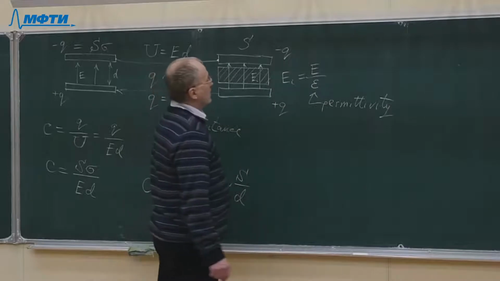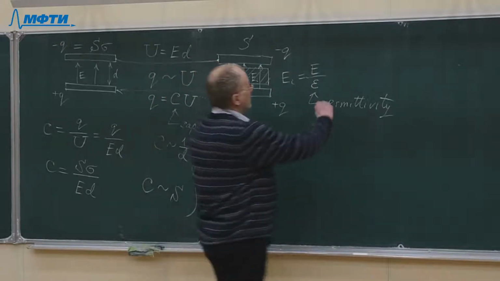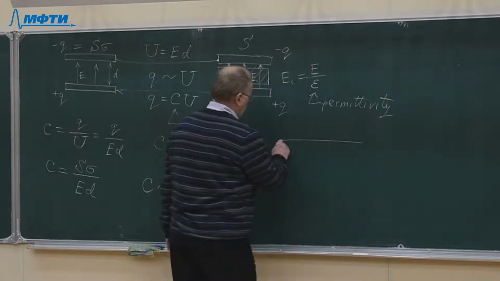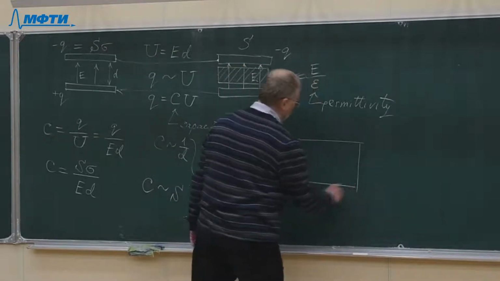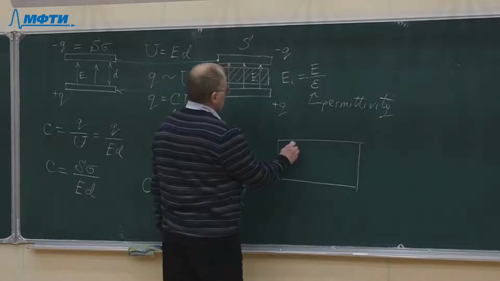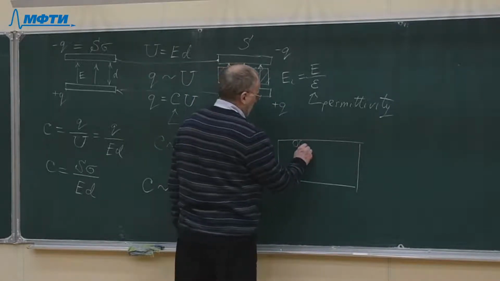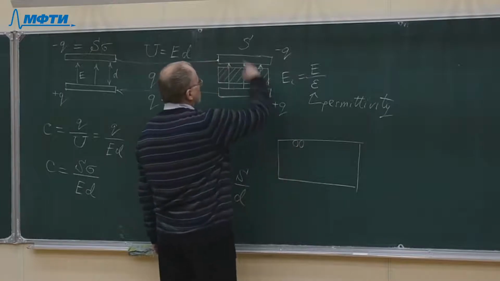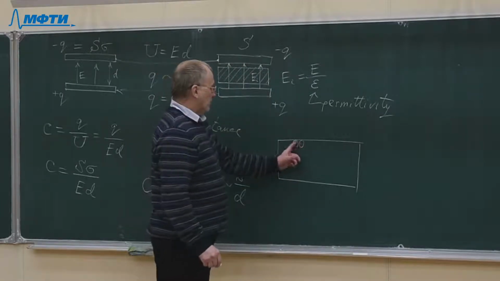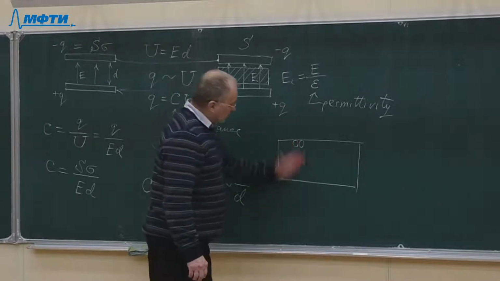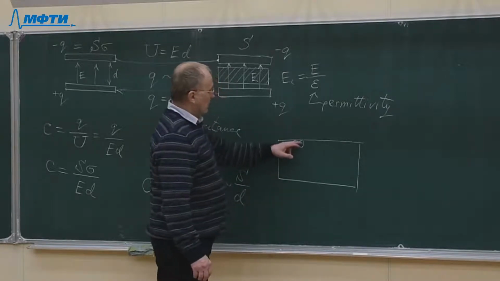The physics is simple. If we draw the picture of this slab of dielectric substance, we can understand that there are molecules inside the dielectric substance, and these molecules in the external field will be polarized. Without any external field, each molecule is absolutely neutral.